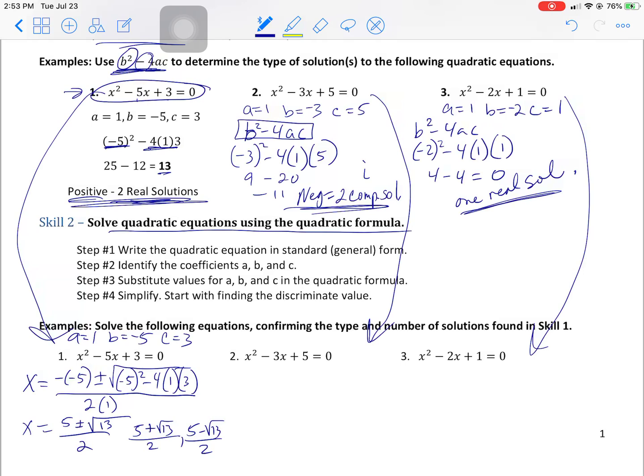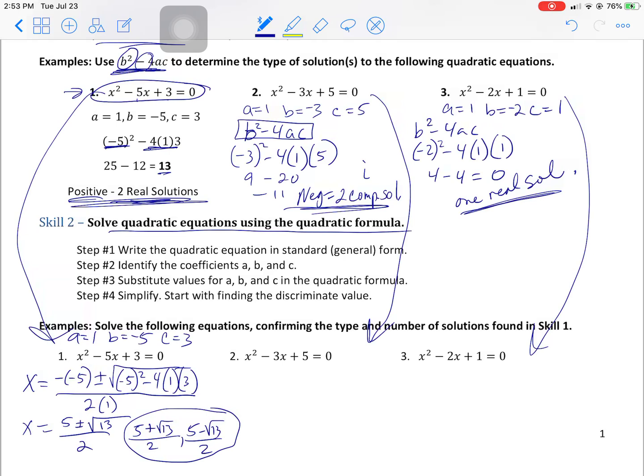Remember, real includes rational and irrational. The square root of 13 is irrational, but it's also real, as in I don't have an imaginary number in there. So these are two real solutions for this quadratic equation, okay? And that's what we expected because my discriminant was positive.